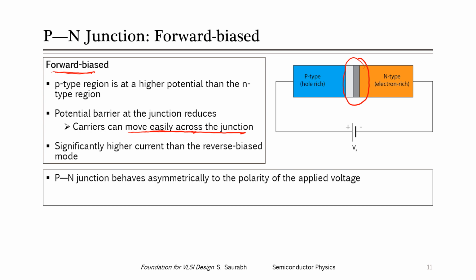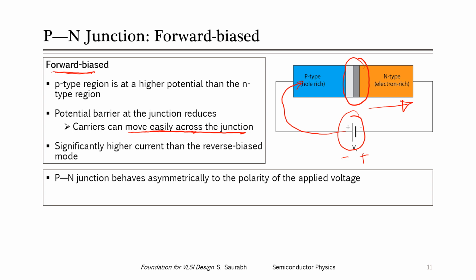In this case, there will be significantly higher current than in reverse bias, right? So in summary, the PN junction behaves asymmetrically to the polarity of the applied bias. If the positive terminal is connected to P, then it is forward bias and high current flows, right?